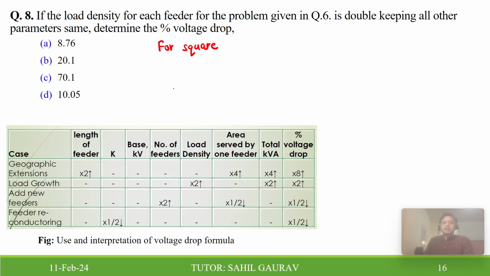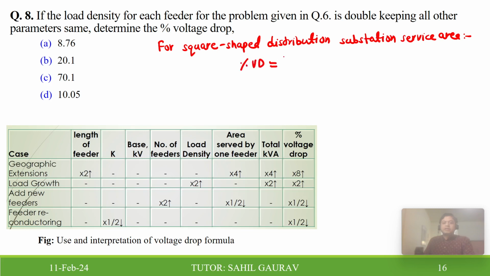If you don't remember, go by fundamentals. We know that percentage voltage drop is K into 2 by 3 of L4 into D.